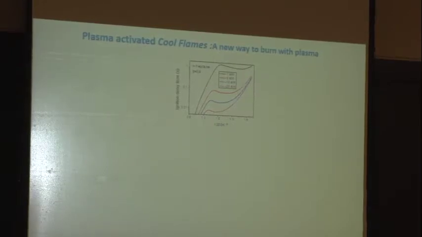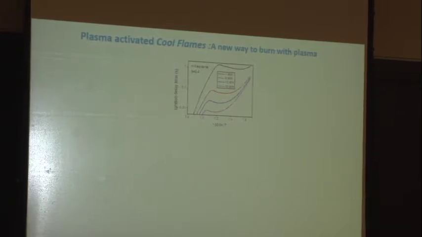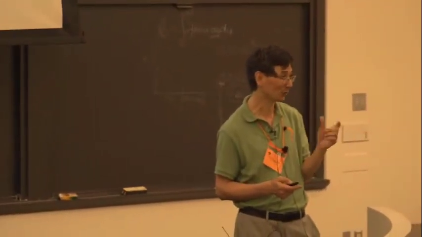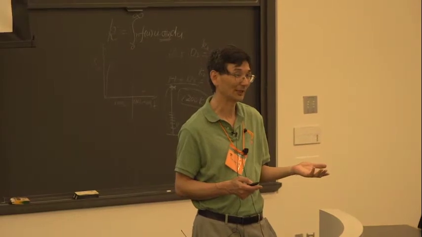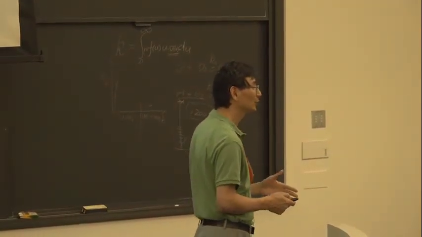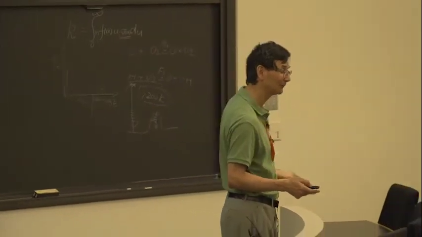But if you believe plasma can enhance low temperature chemistry, you should be able to do the experiment even with a 10 millisecond residence time. You should see a cool flame in the lab. That would be proof that plasma really can do a big deal for low temperature flames, right?